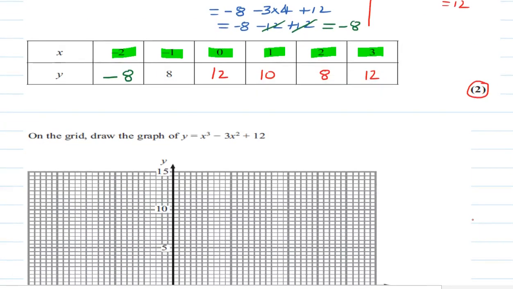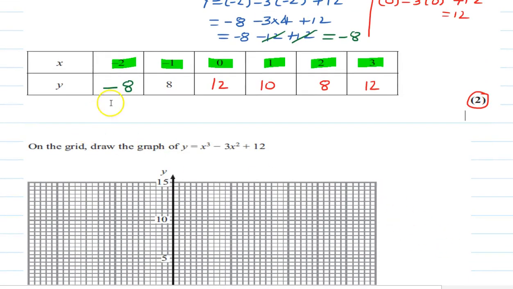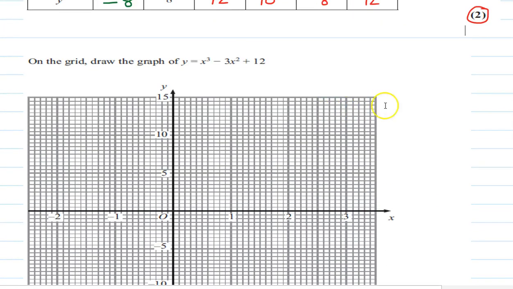Now they are mentioning y equal to x cube minus 3x square plus 12. So our first points are minus 2 and minus 8. So let's write down minus 2 and minus 8. So let's make it here. Here the axis goes from 5 to 10, so the middle value will be 7.5.